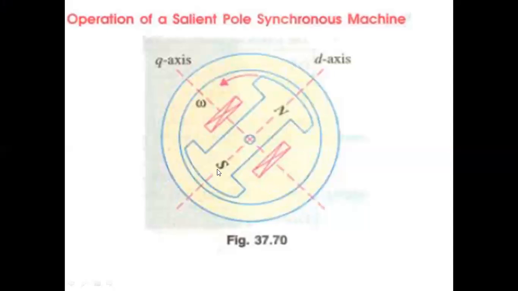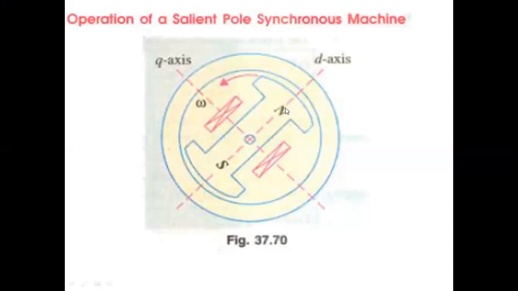So the D axis is passing through the pole. This is called the direct axis or D axis, and the other one, which is passing vertically through the center of the interpolar space, is called the quadrature axis or Q axis.